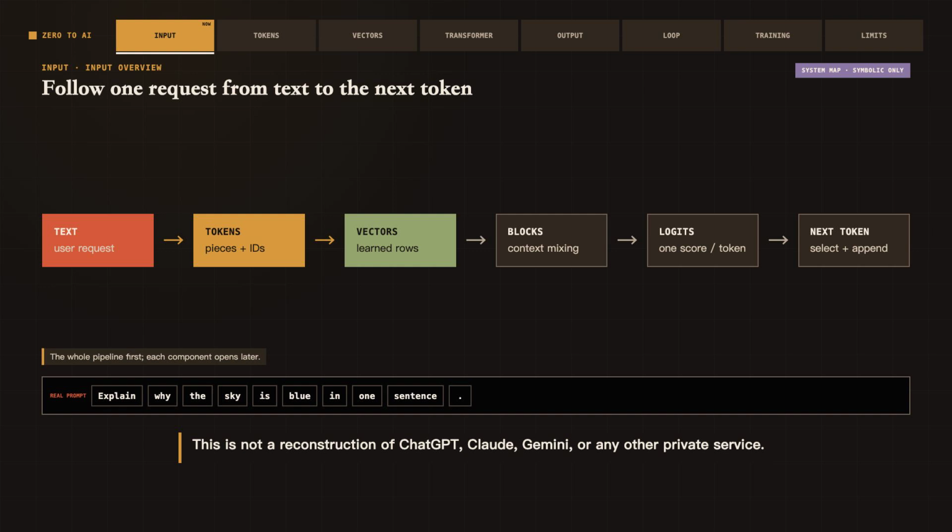This is not a reconstruction of ChatGPT, Claude, Gemini, or any other private service. Their complete production systems are not public, and they do not all use identical designs. We will study a representative modern language model, a decoder-only causal transformer.